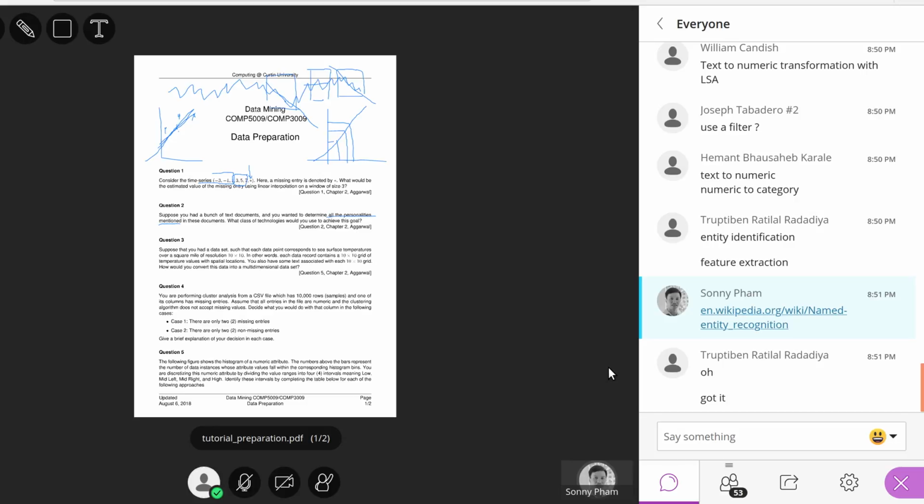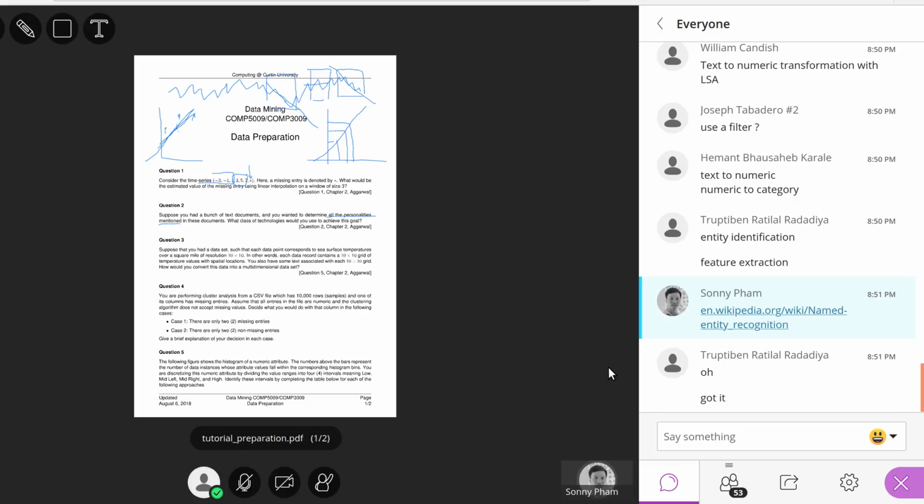I can't find it now, but if you look on the internet, you can just enter a text or document and it will automatically detect all the named entities. For example, Obama, Curtin University, New York, Shanghai, Australia. You input a text document, it will detect all of these named entities. So the underlying technology we could use is named entity recognition.